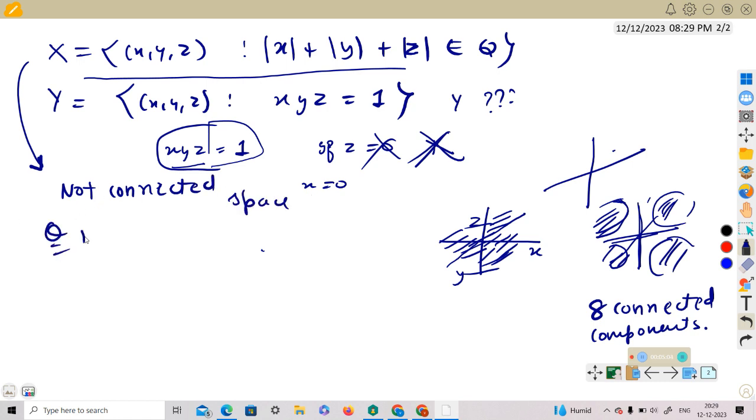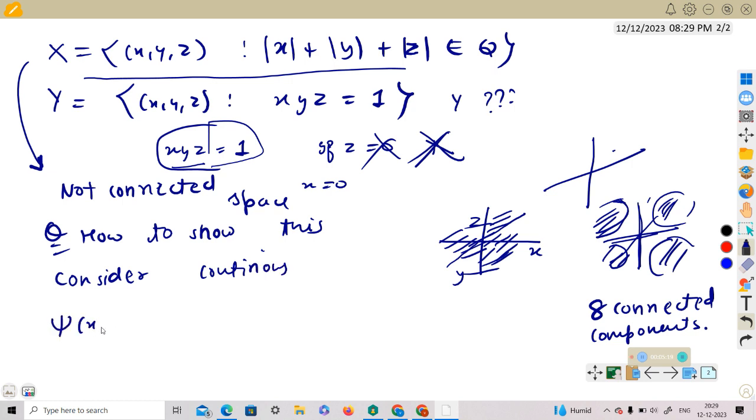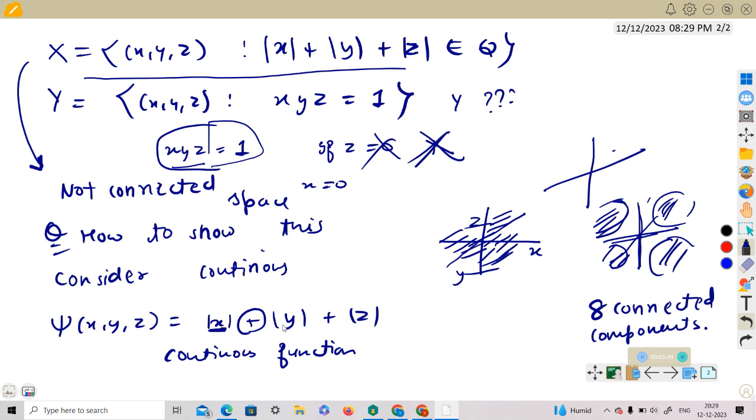How to show this? Okay, let's consider a continuous function phi(x, y, z) equal to |x| + |y| + |z|. This is a continuous function, a composition of modulus and projection, then addition of continuous functions.